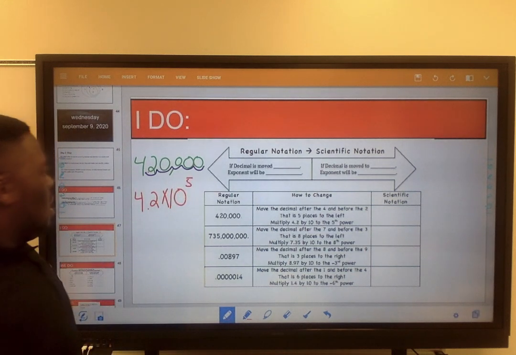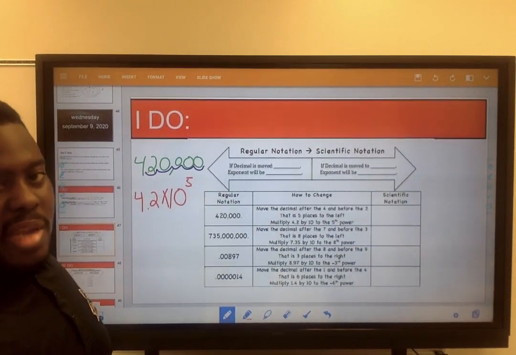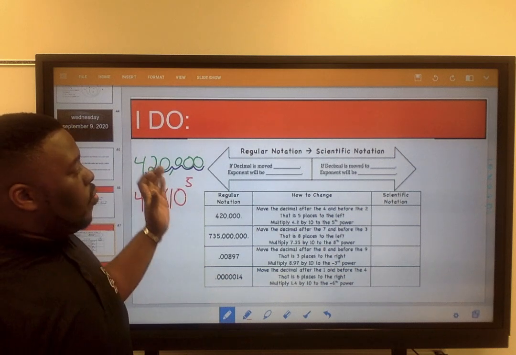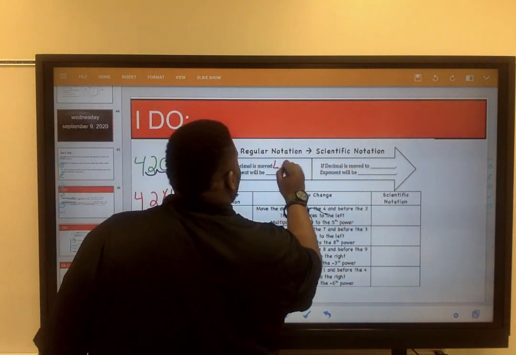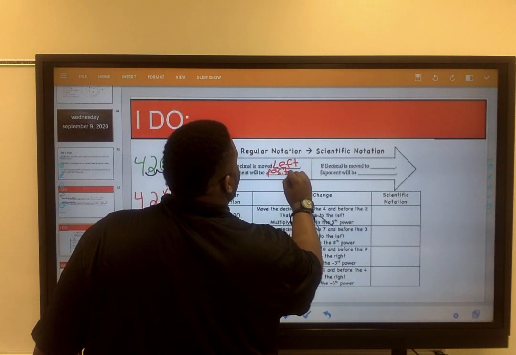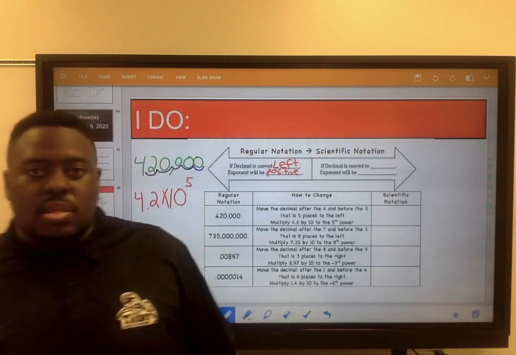Anybody know something about the exponent? Is it positive or negative? It's positive, because when we go from regular notation and move to the left, it will be positive. Now this is regular notation to scientific notation. Just remember that.